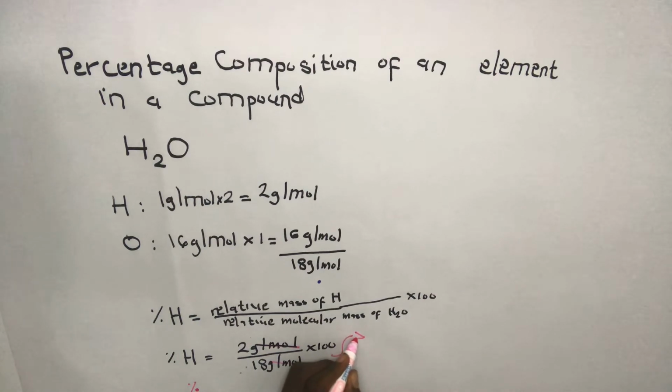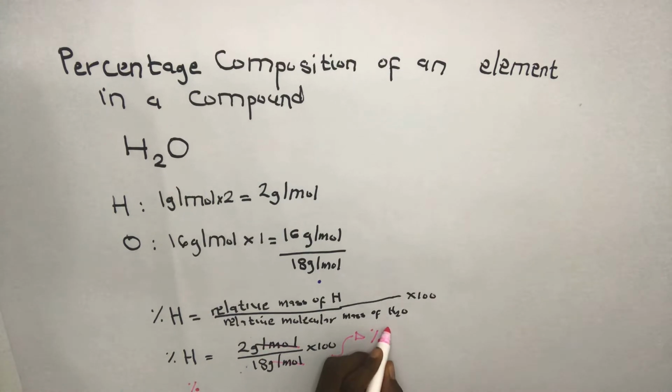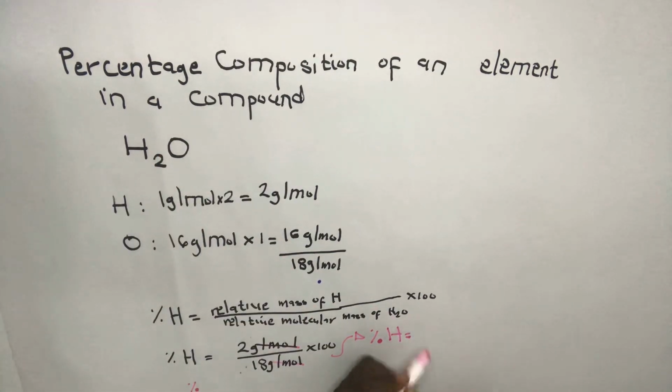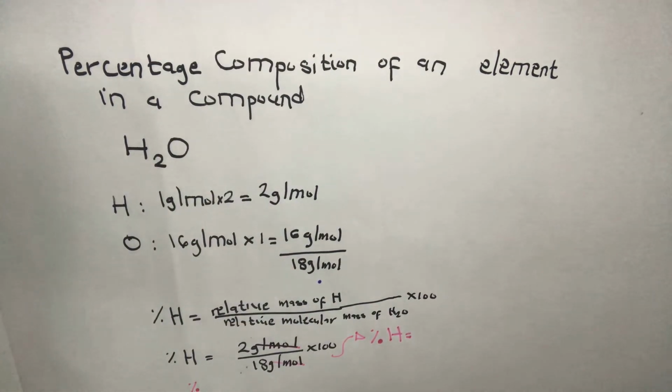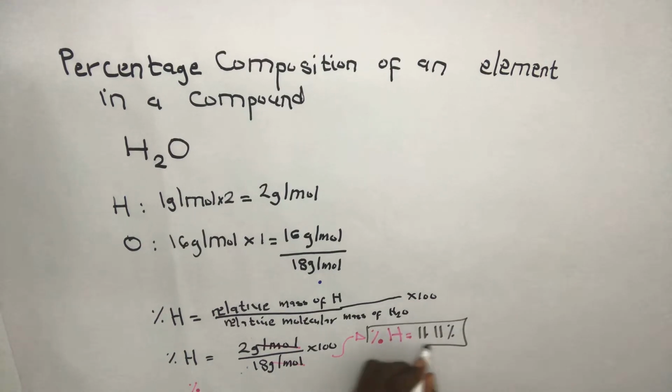It is 11.1111. So the percentage of hydrogen in the water molecule is 11.11%.